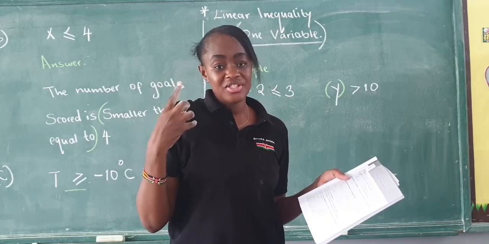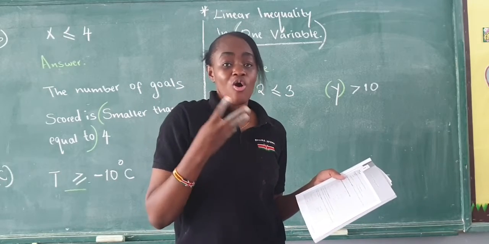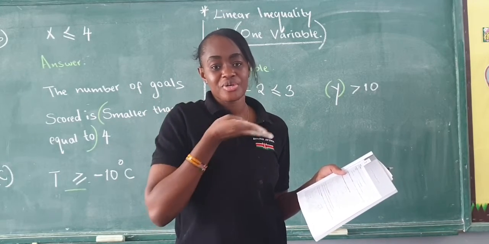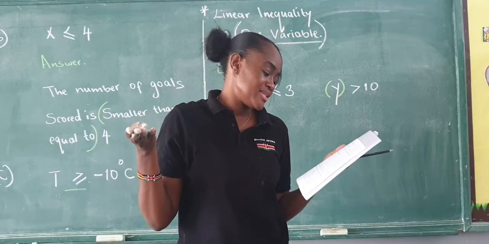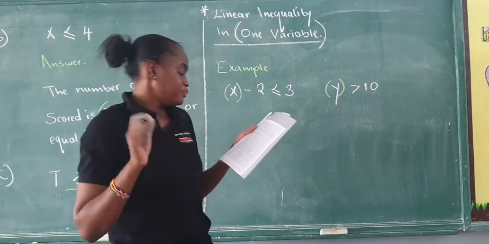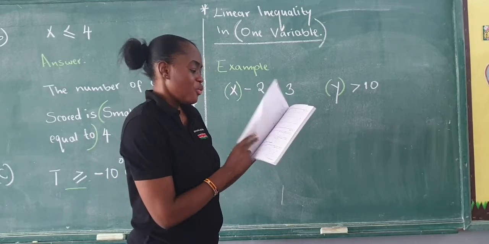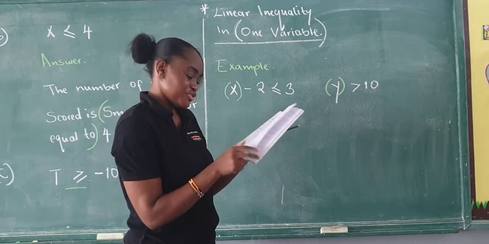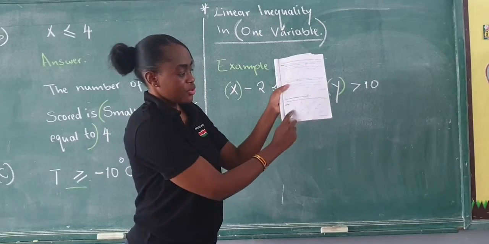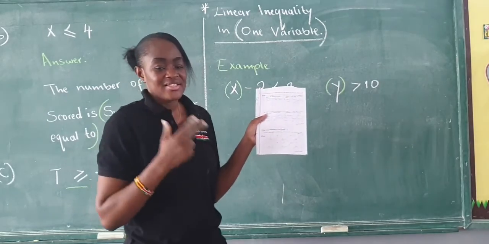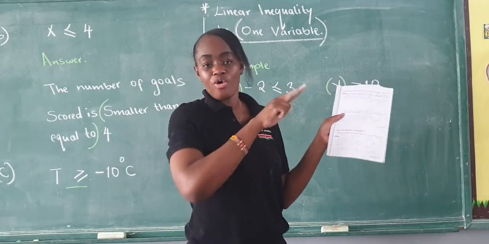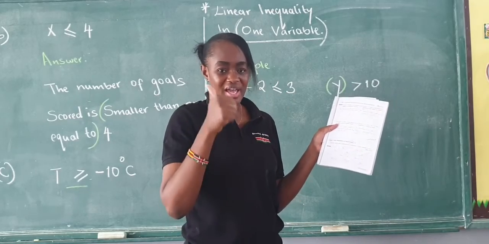In linear inequalities, we use either x or y or z to represent a linear inequality. Now, a linear inequality with one variable. When you go back to page 3, we are going to practice. Is it a linear inequality or no? Yes or no?